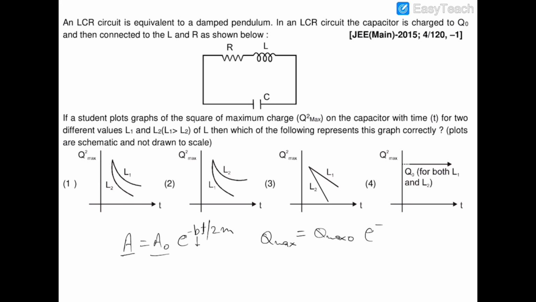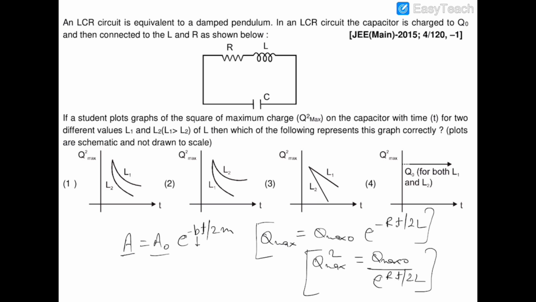Now b is compared with resistance, because in this case resistance is responsible for the loss of energy. So it is Rt upon 2L. We know that inertia is being compared with inductance. So this is the equation. So we can say that Q maximum is equal to Q maximum naught upon e to the power Rt upon 2L.